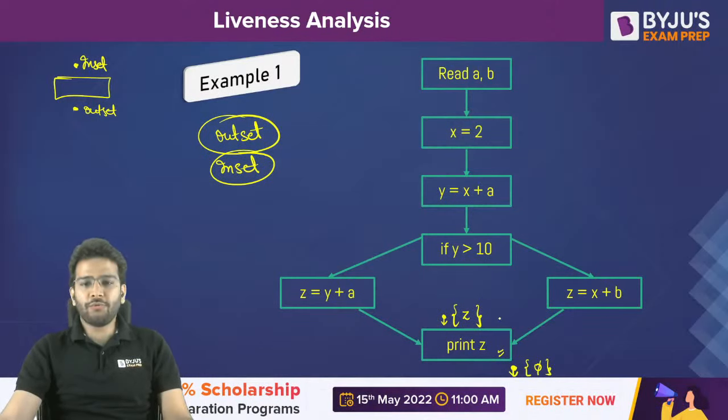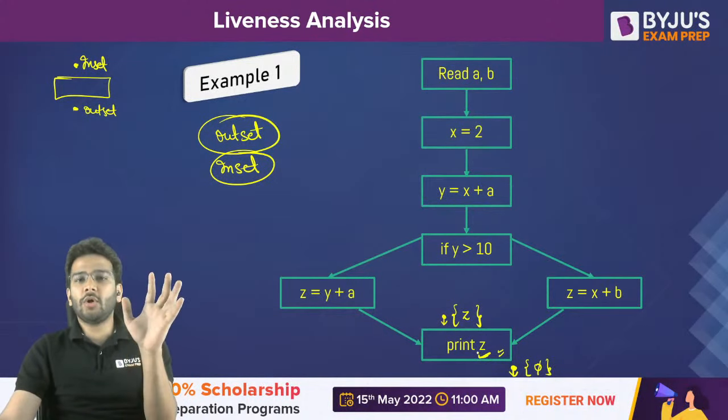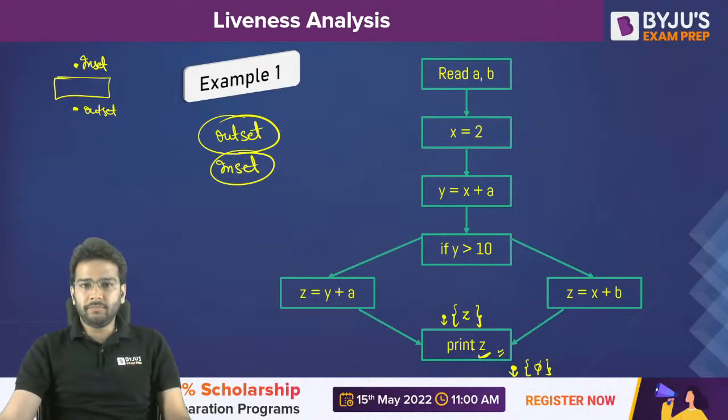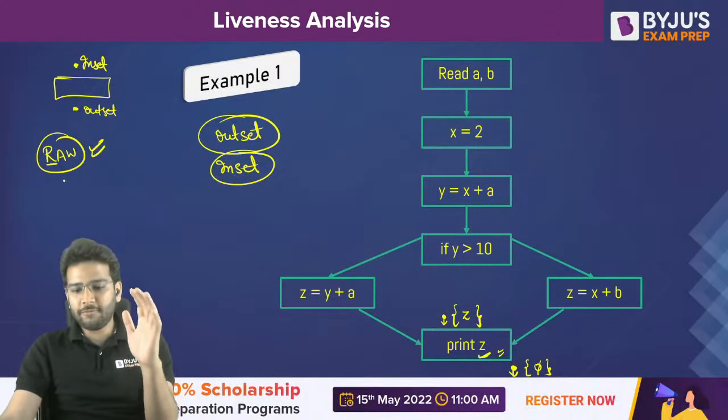Is it clear? Because if you look downwards, you will find that we are reading the value of Z before writing into it. So it is a kind of read before write. If this is followed, then we include those variables. Otherwise, no. First we have to read, then we have to write.